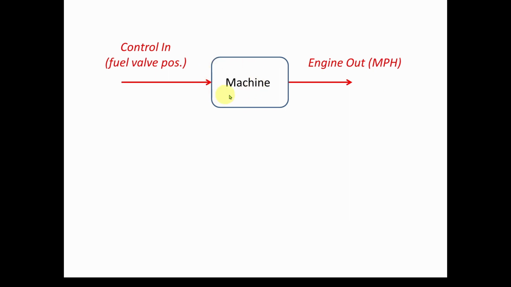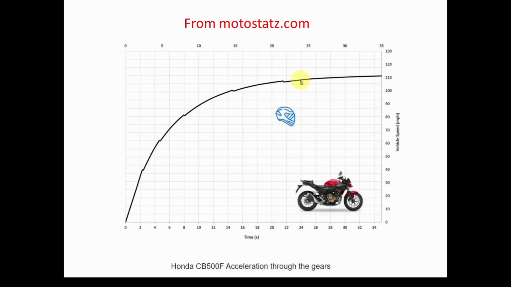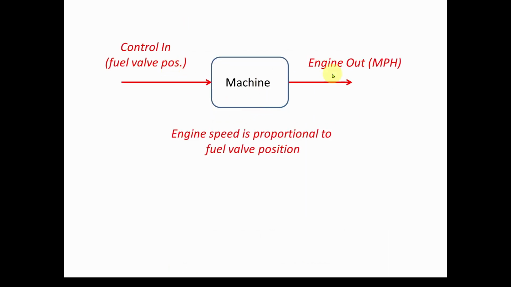Very simple. What we have to do is figure out how to make a model inside this machine block that takes a fuel valve position in and gives you motorcycle speed out, so that it looks like this. So what do we know from this? If you look at this, we know that the engine speed is proportional to the fuel valve position. In other words, if my fuel valve is fully open, I've twisted it all the way, but my present speed is 0, the engine's running, I twist the fuel valve, what do we know about the future speed of this motorcycle?